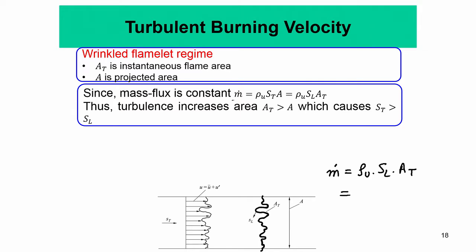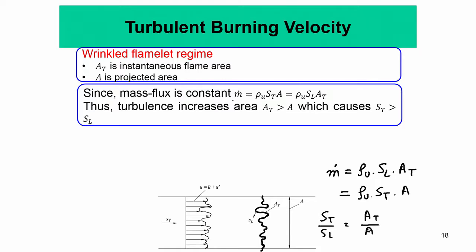So we can equate this to rho u times ST times A. And so ST by SL essentially becomes AT by A. This is the reason why ST must be greater than SL, because AT is much greater than A.